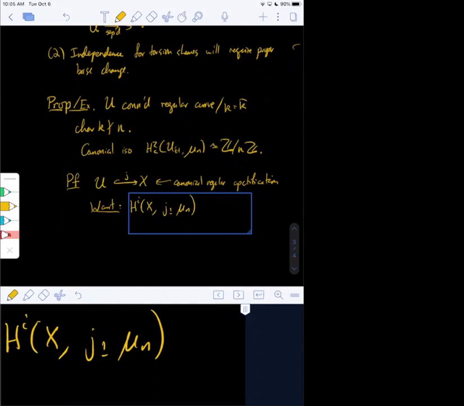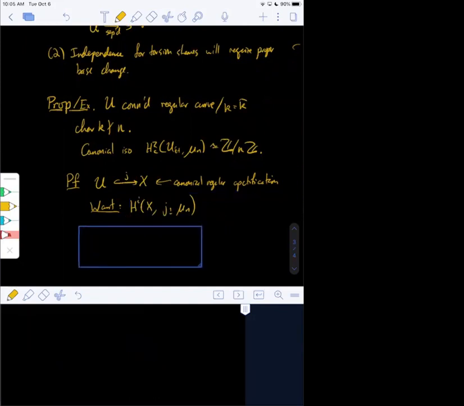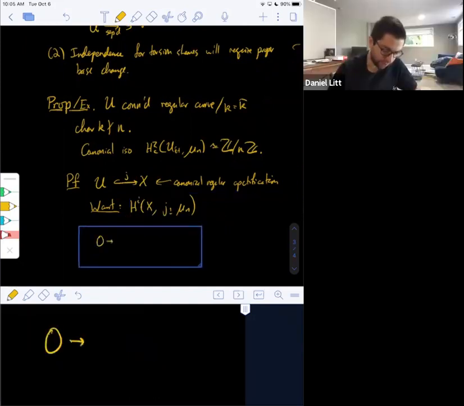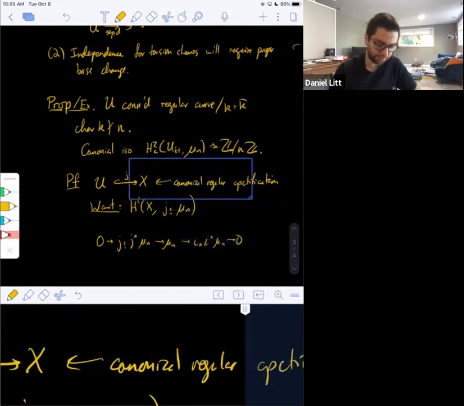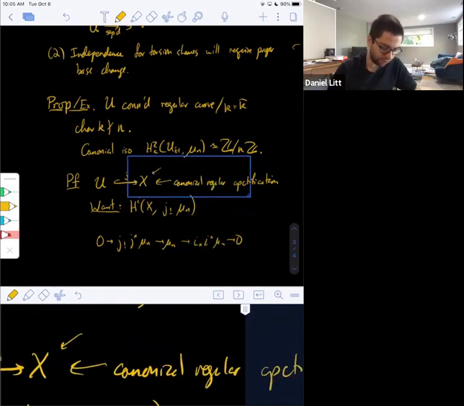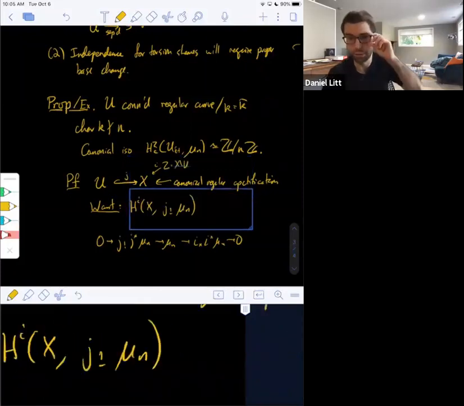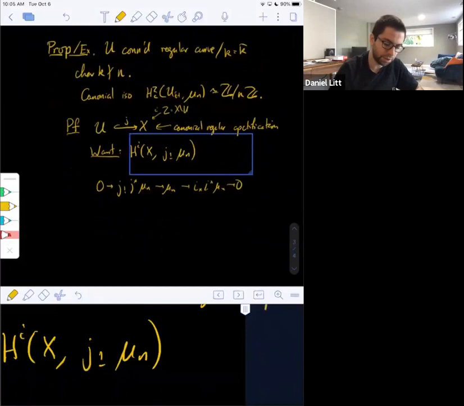Use the exact sequence? Yeah, so let's use the exact sequence. So we get an exact sequence 0 to j_! j^* mu_n to i_* i^* mu_n to 0, where here i is the inclusion of Z, which is X minus U, into X. So that's just a disjoint union of finitely many points.